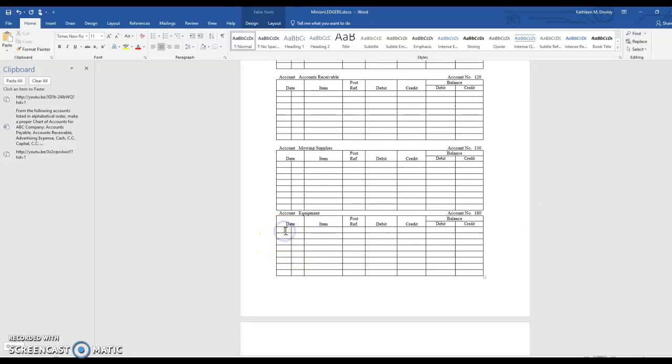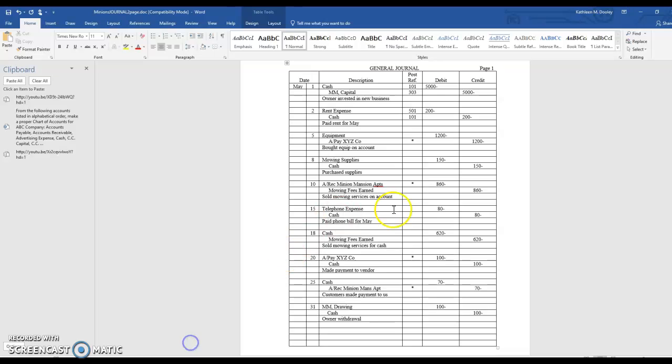There's equipment. 5th, that was a debit of $1,200. The new balance is $1,200 debit. This came from GJ1. And we go here, and that was account 180.